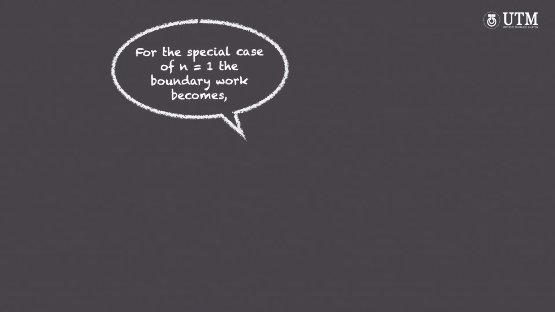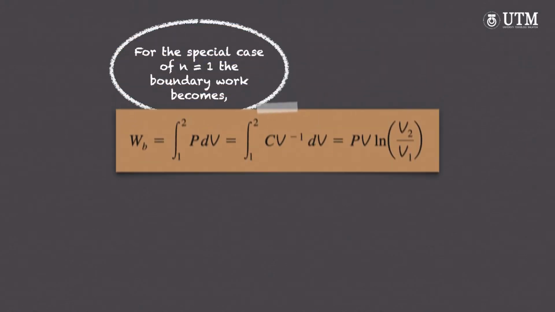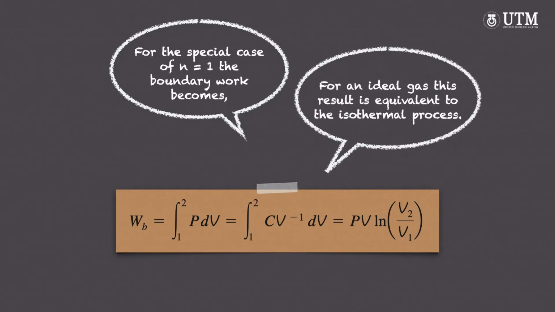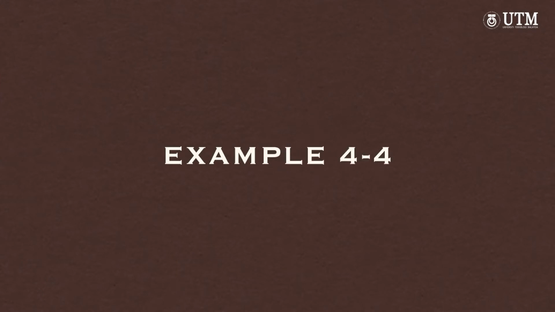However, for the particular case of n = 1, the boundary work becomes the given equation, where for an ideal gas, this result is equivalent to the isothermal process. Now, let us learn this knowledge further by understanding the following example.